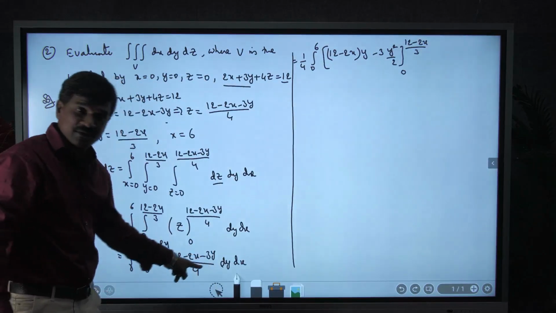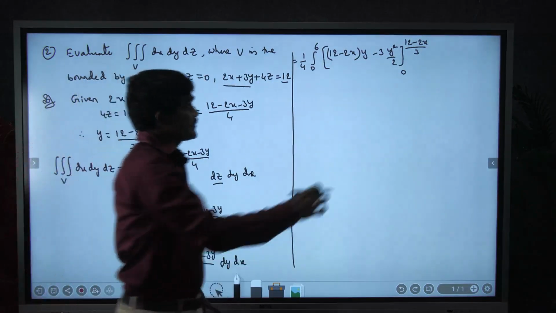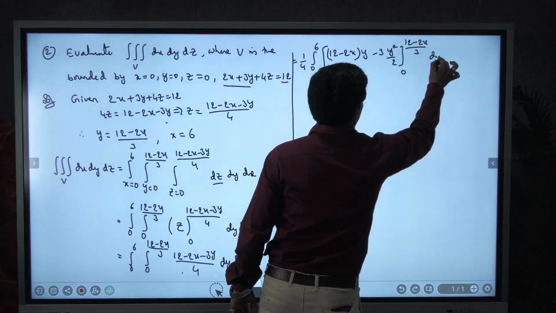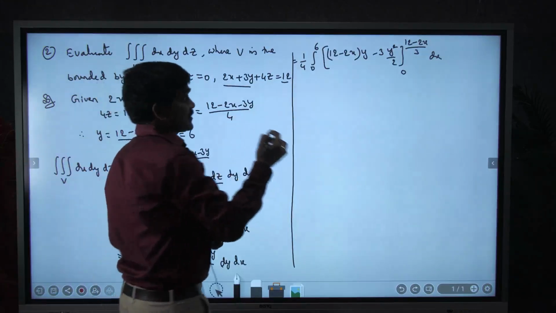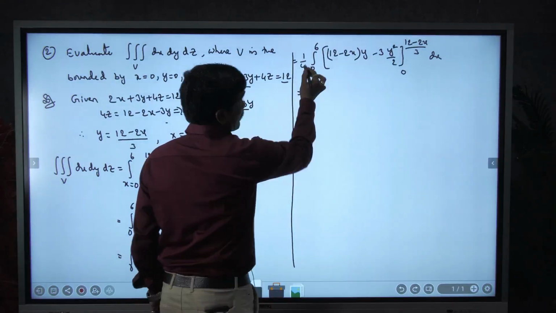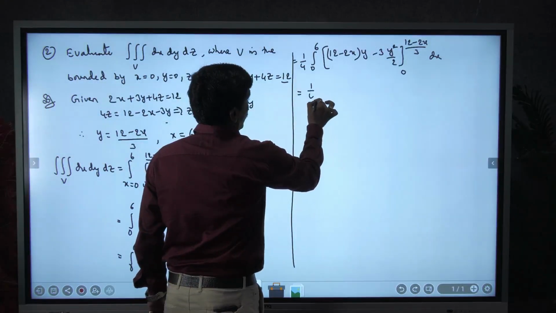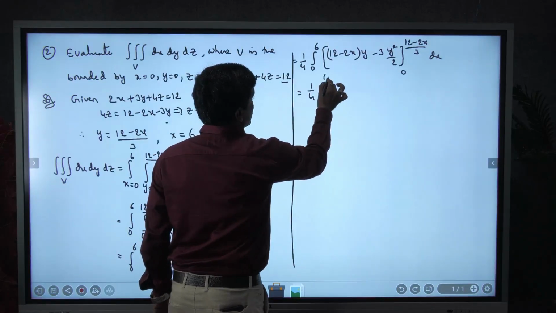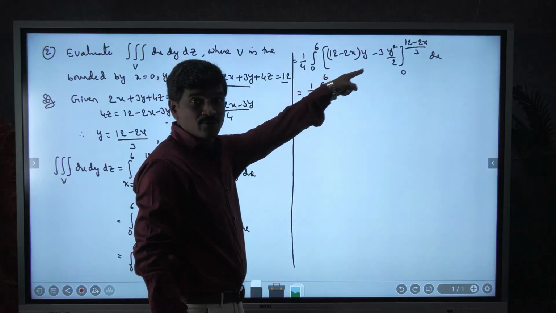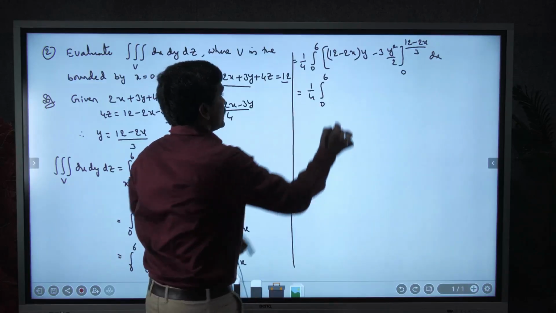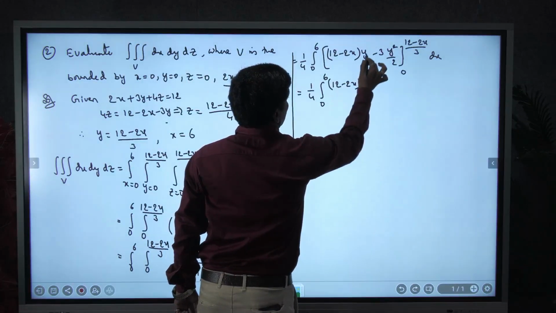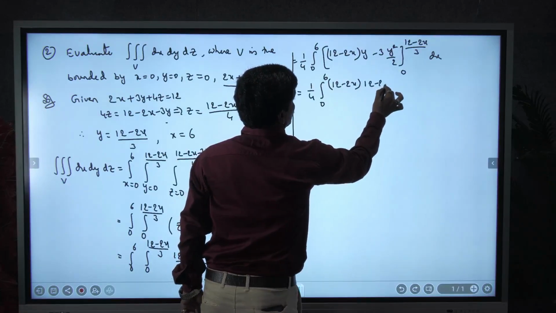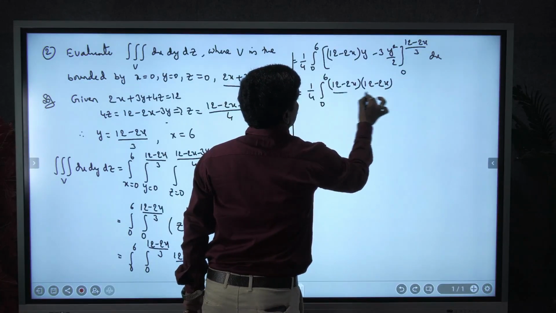So integration is over with respect to y, then with respect to x. Okay, now substitute upper and lower limit in place of y here. So 1 by 4 integral 0 to 6, substitute in place of y 12 minus 2x by 3. So already here 12 minus 2x, and here in place of y 12 minus 2x by 3.